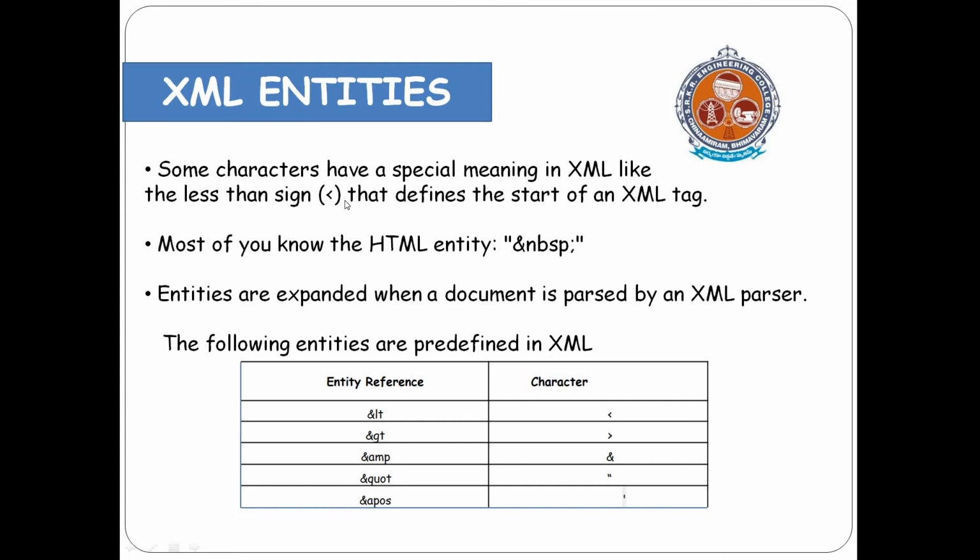So if you want to use these symbols, you must use entity references. The following are the entity references: ampersand lt for less than, ampersand gt for greater than, ampersand amp for ampersand, and for quotation, ampersand quot.